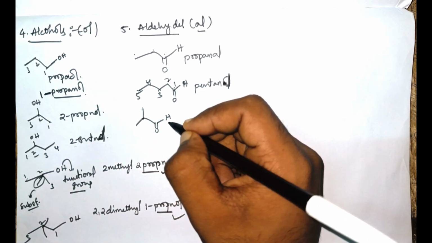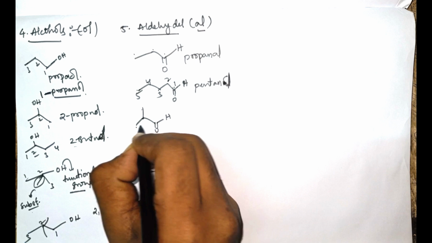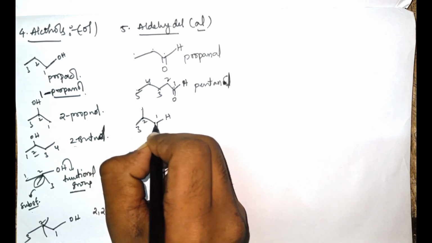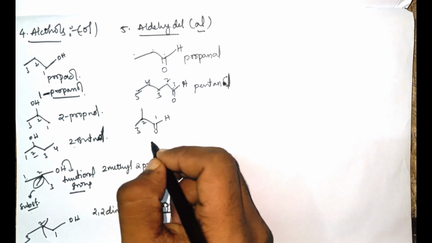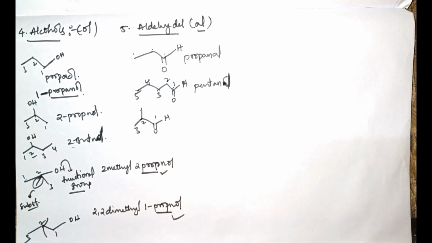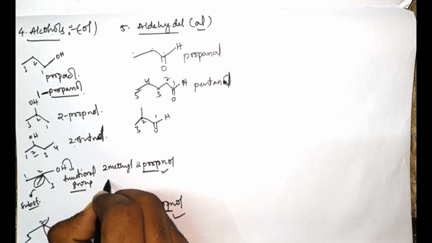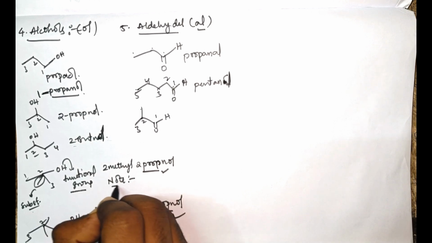So if you look at this example, this is like 1, 2, 3. Based on the functional group, you must be giving the numbering. You note it down as a note like this.